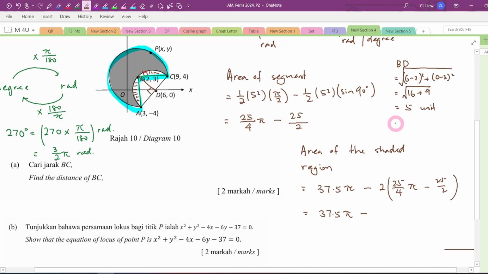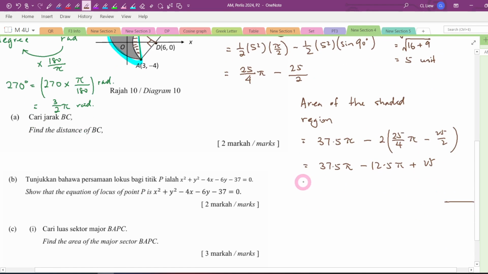Two times 25 over 4, you will get 12.5. 12.5 pi. Negative becomes positive, and you will get 25. 37.5 pi minus 12.5 pi is equal to 25 pi.